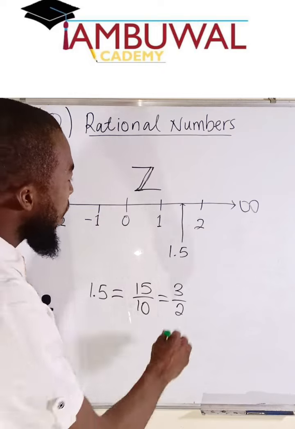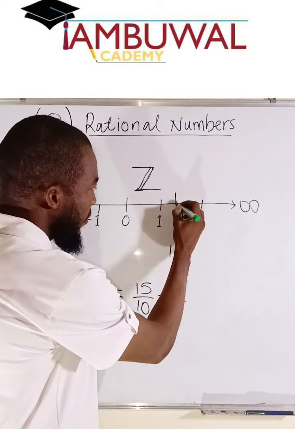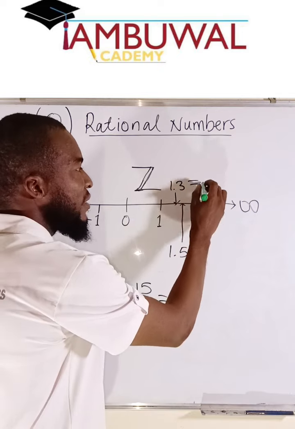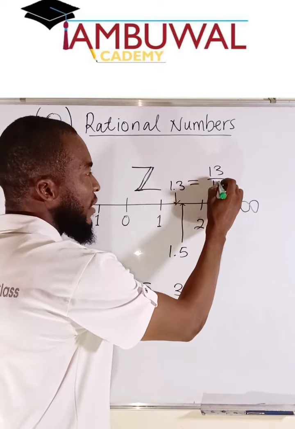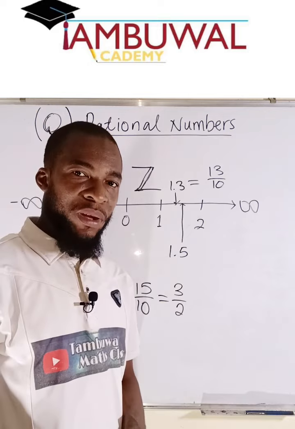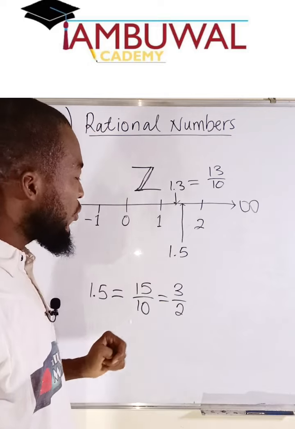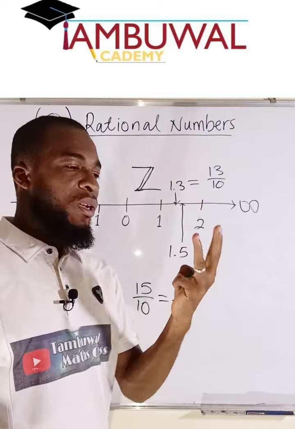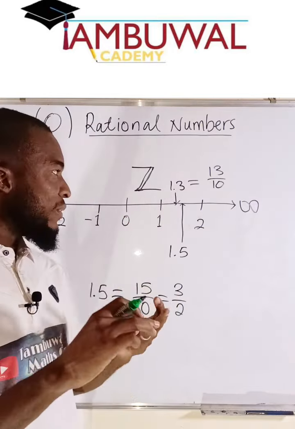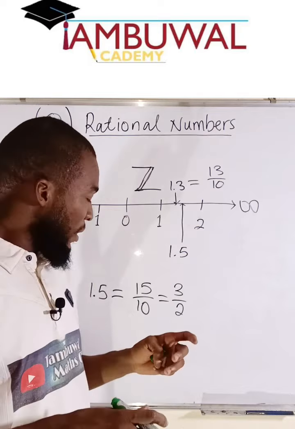You may have 1.3 somewhere here, right? 1.3 is the same thing as 13 divided by 10. Therefore, 1.3 is also a rational number. But I told you in our previous lesson, we have 3 different types of what? Decimal numbers. We have the terminating decimals, like this one.